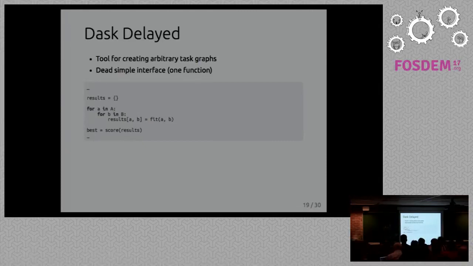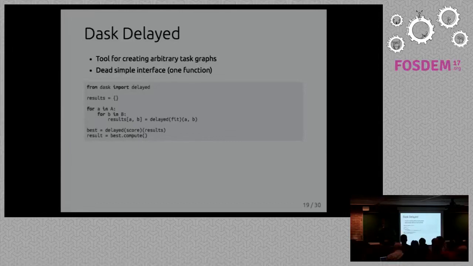For example, here, it's a very simple example. You do some for loops, you call a certain function on some data, you store it in a dictionary, and then at the end, you have another function that combines those results into a final output. If you want to do this in parallel or distribute it, then the only thing you need to do with Dask is import the delayed function and wrap your function calls with it.